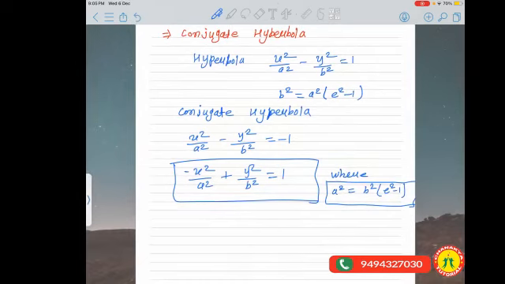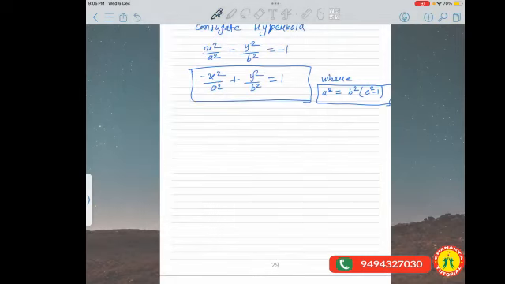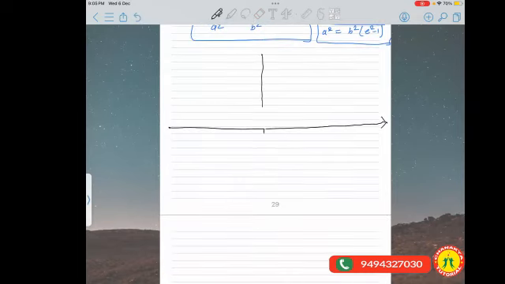Now, what will the hyperbola look like? Vertical or horizontal.